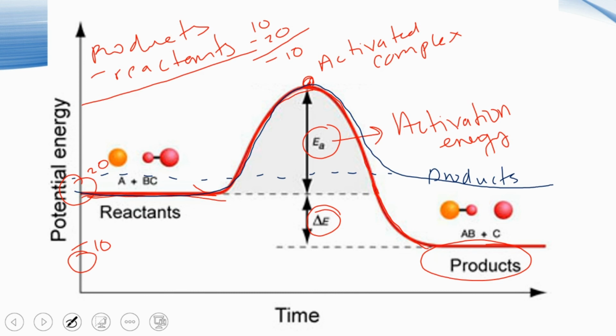So for this made up blue line, let's say that we ended up with 25. We would do the product at 25 minus a reactant that started at 20, and we end up with a difference of 5. Because that number is positive, and because visually we can see that the products are higher than the reactants, we can safely assume that this blue graph, whatever reaction it represents, is an endothermic reaction.